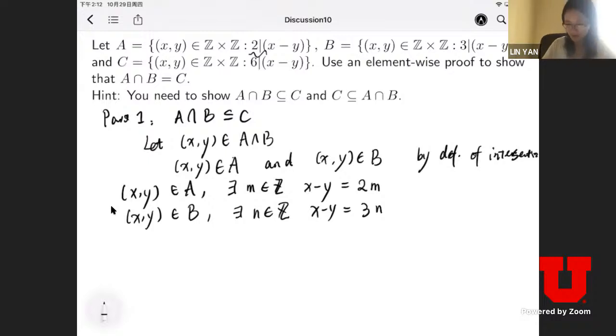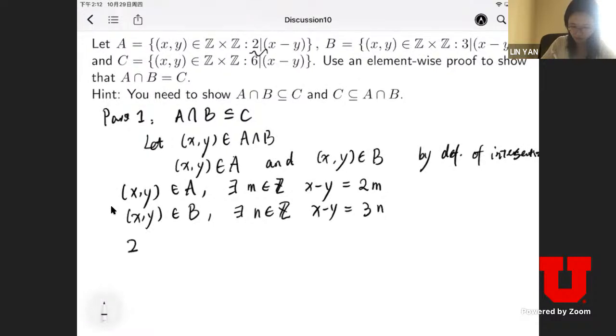Okay, let's continue. So we have now x minus 1 is equal to 2m and x minus 1 is equal to 3m. So we have 2m is equal to 3m.